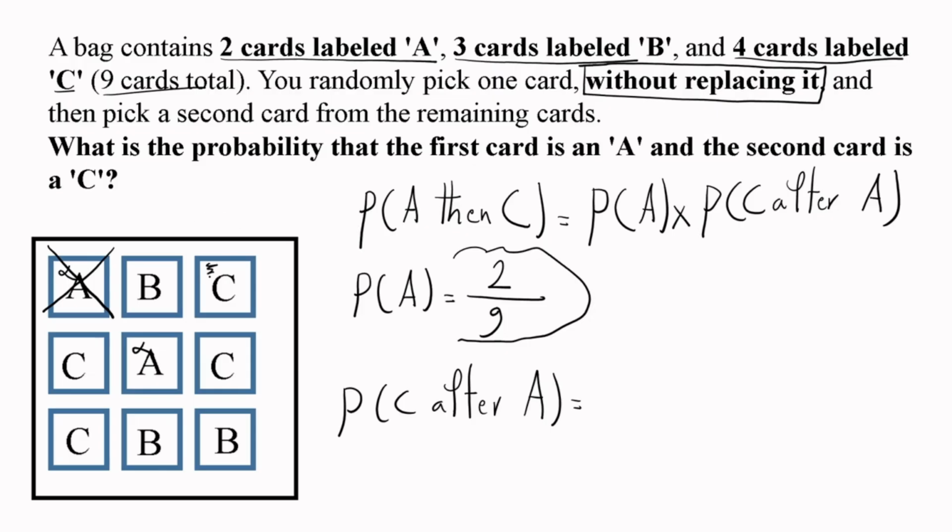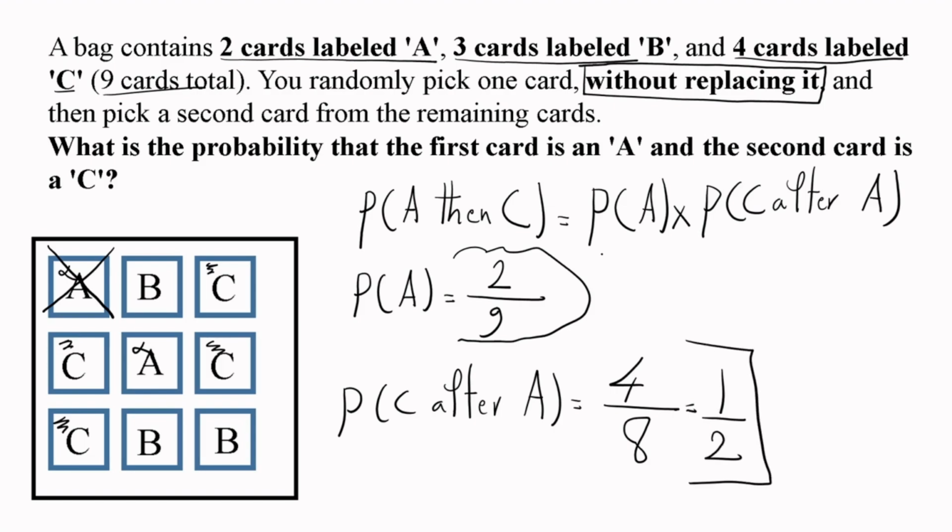As you can see, 1, 2, 3, 4. So it's gonna be 4 over what is the number of possible outcomes? 1, 2, 3, 4, 5, 6, 7, 8. Why is it 8 and not 9? Because I have already picked 1 card and it was A. And it's gonna be 1 over 2. Really easy.